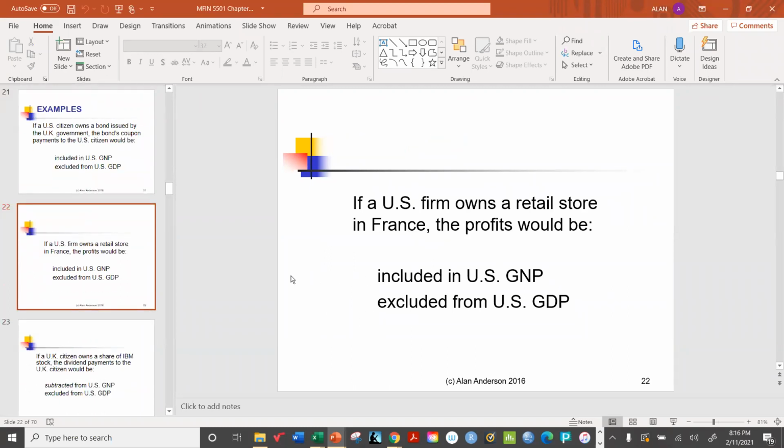Now, if we own a retail, let's say we start up a brand new Starbucks in Paris, the profits, again, would count in US GNP because that's flowing into the US and into the pockets of American citizens, but it didn't happen in the United States, so it doesn't count in US GDP.